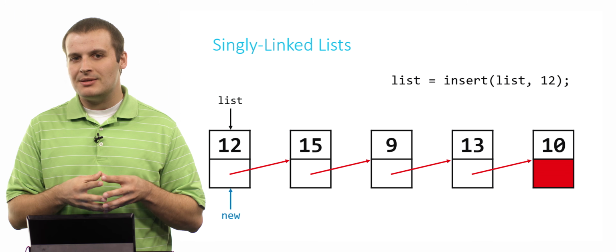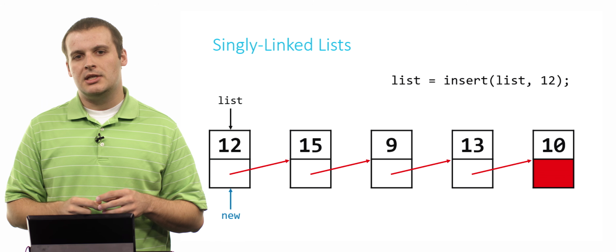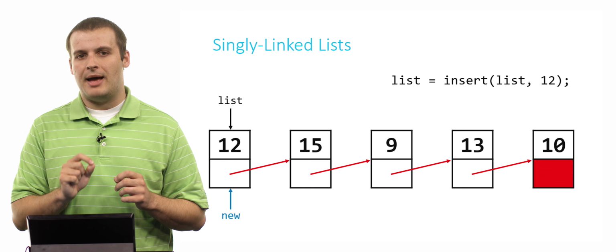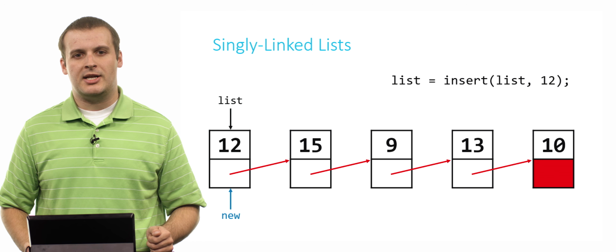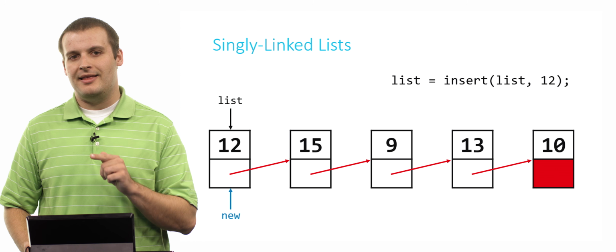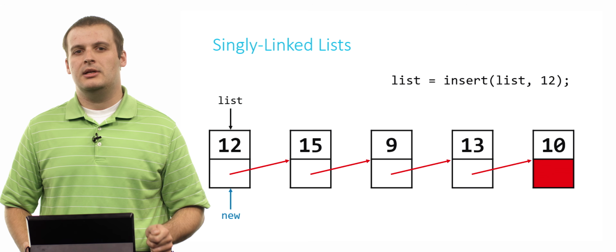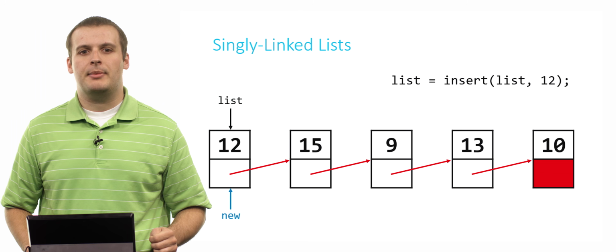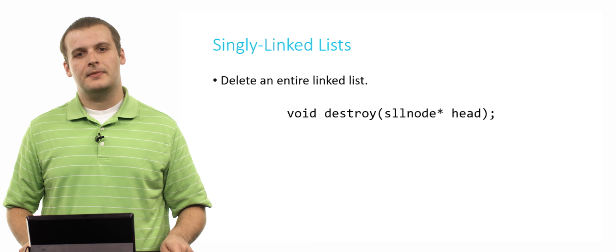Again, that's such a fundamental thing. We don't want to lose track of it. So we want to make sure that everything is chained together before we move that pointer. And so this would be the correct order, which is to connect 12 to the list, then say that the list starts at 12. If we said the list starts at 12 and then tried to connect 12 to the list, we've already seen what happens. We lose the list by mistake.